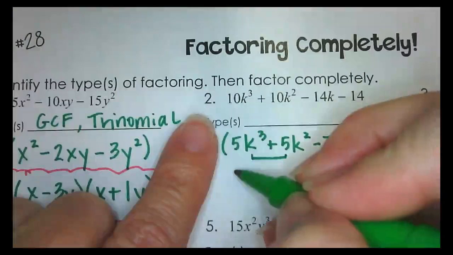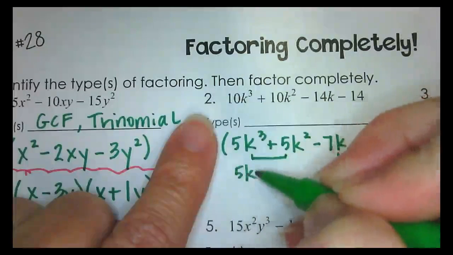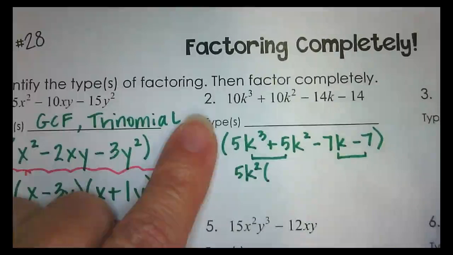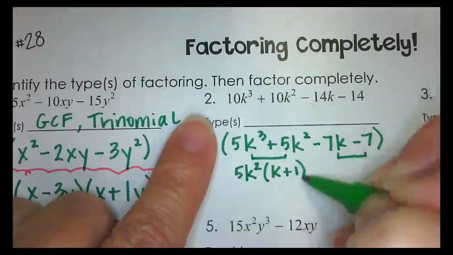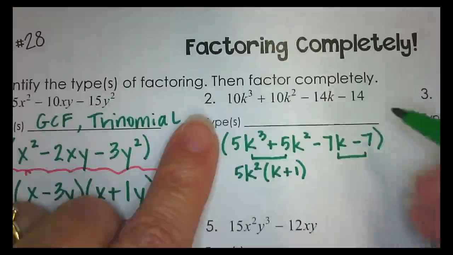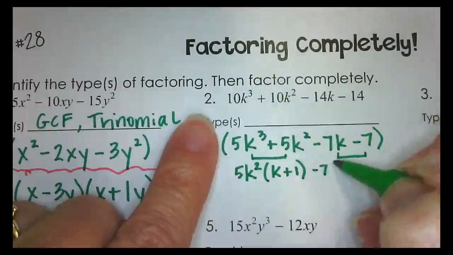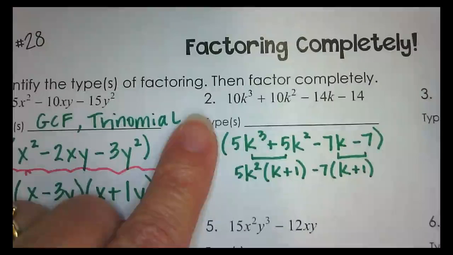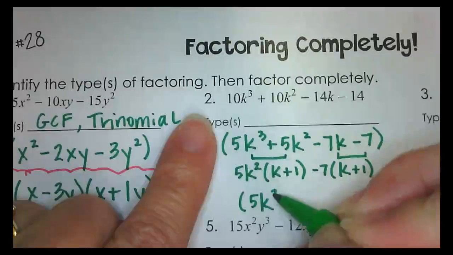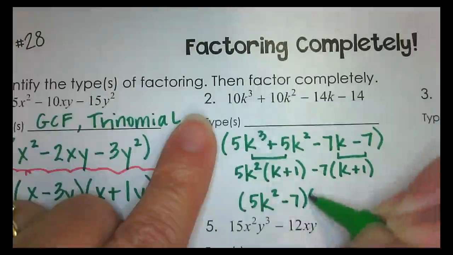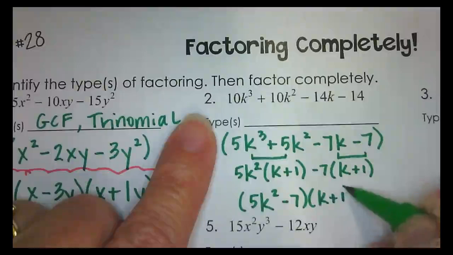Out of this group, looks like 5k squared, which is going to leave me with k plus 1. Out of this group, I can take out a -7, which is going to leave k plus 1. So I have 5k squared minus 7 and k plus 1.